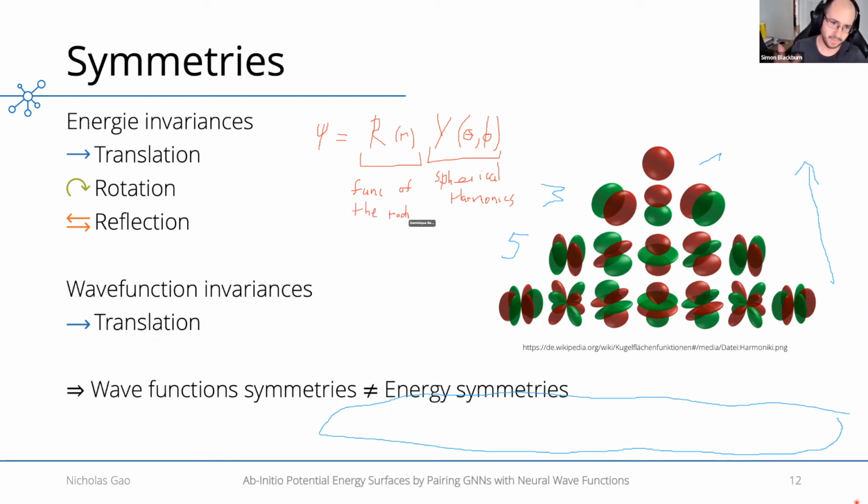The lowest energy solution is a simple exponential decay for r and a constant value for Y. That's the sphere, the 1s orbital.